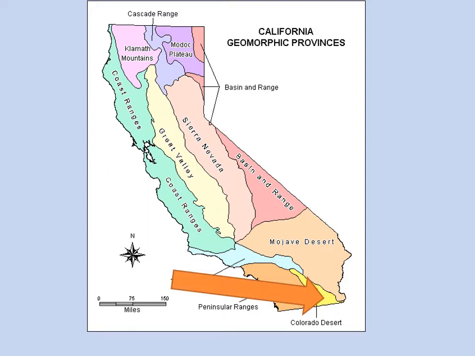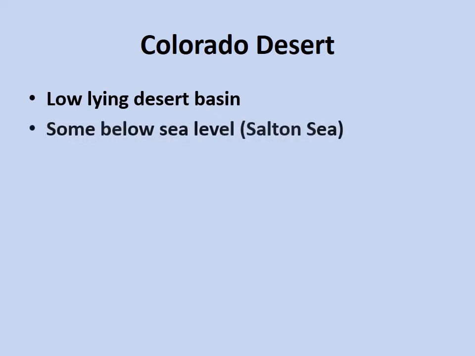And then the Colorado Desert to the very south of the state, which again, more of this extends down into Mexico. A very low desert basin. A lot of it around the Salton Sea and so forth is actually below sea level, kind of like Death Valley.